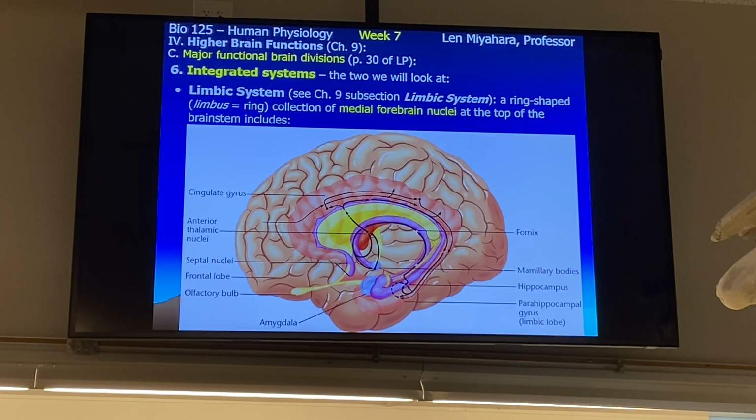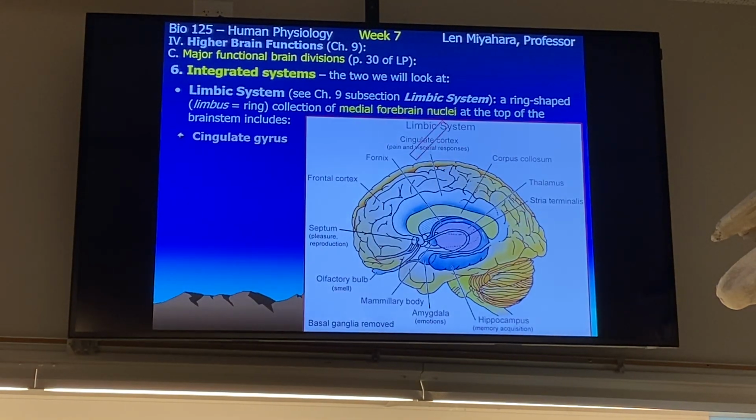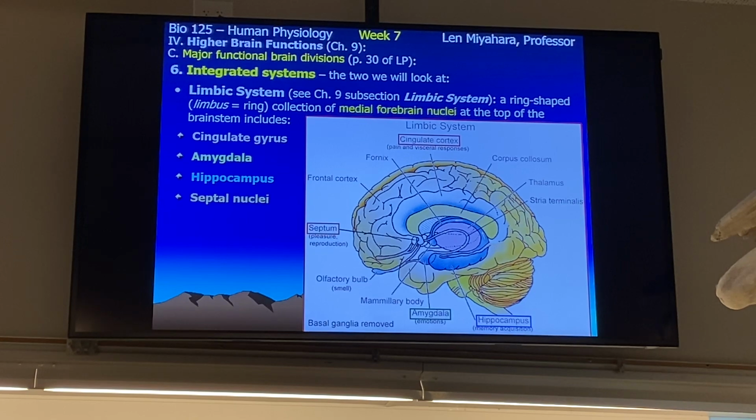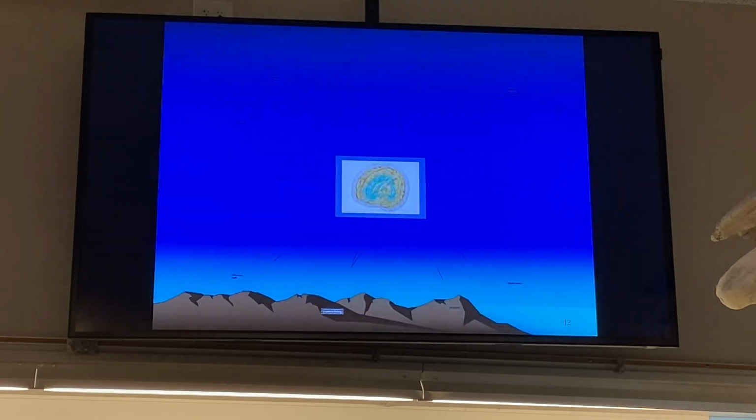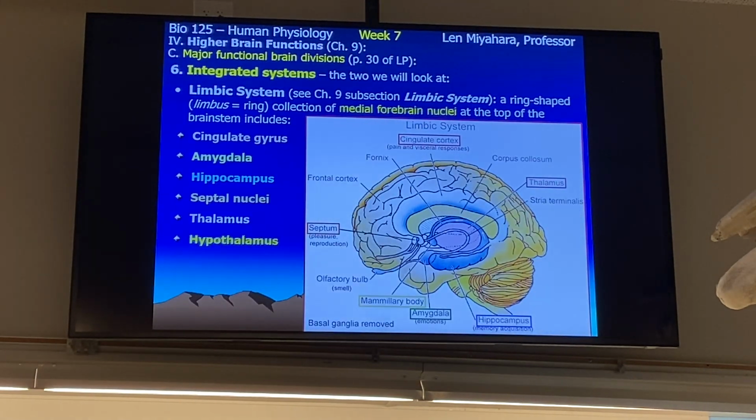And the word limbus means ring. And these are the various parts of it. You can see that thalamus and hypothalamus contribute to the limbic system. So the little pink asterisk, boom, boom, boom, is limbic system.